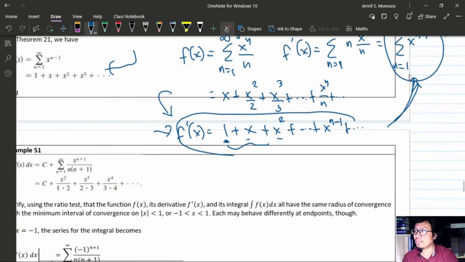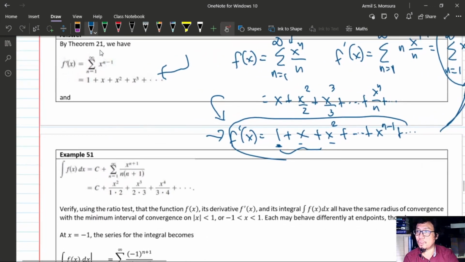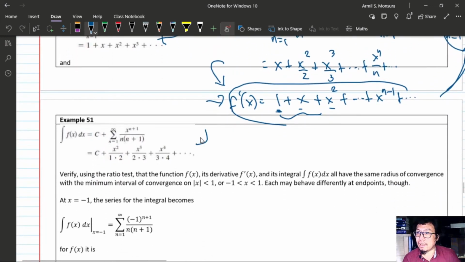So that's your derivative. You were able to get the derivative. And this is your integral. This is simply found by having originally your f of x as the sum of x raised to n over n for n equals 1 up to infinity.